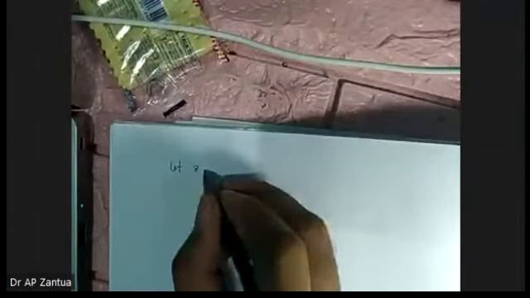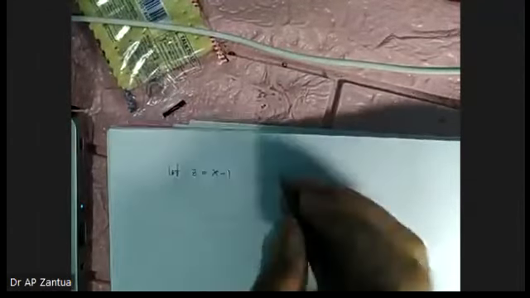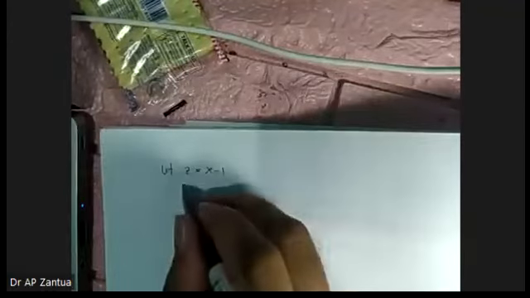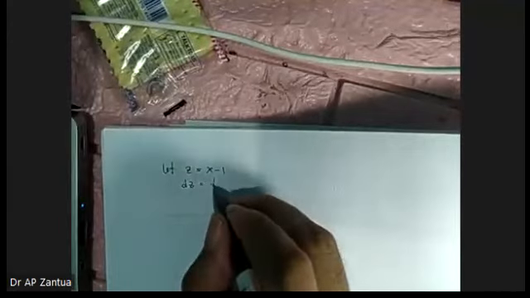Okay, this is our integral. You can let again because it is still difficult. So we have to let another variable. For example, let us use z. Let z is equal to x minus 1. Therefore, dz is equal to dx.